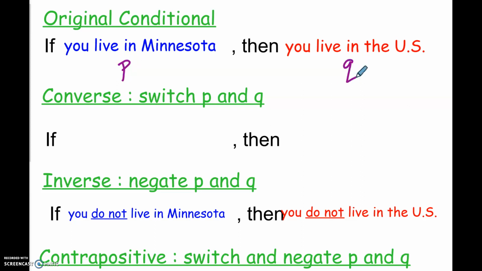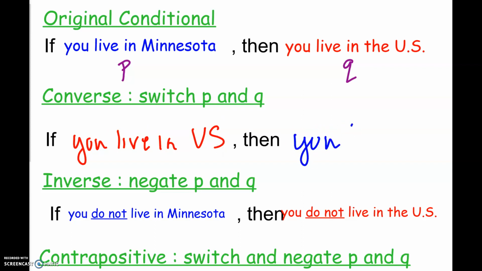So the converse, and this is definitely a place where you are going to want to stop and copy all of this stuff down. The converse is when you switch P and Q. So we're going to put the Q in front. We are going to say, if you live in the United States, then you live in Minnesota.